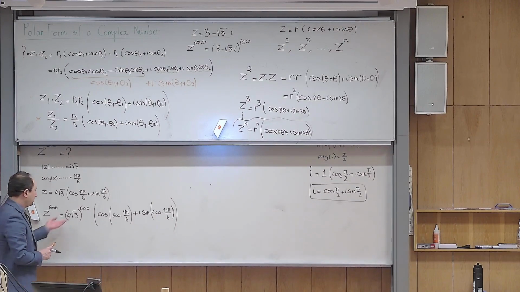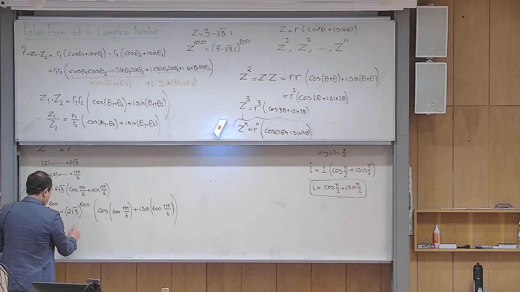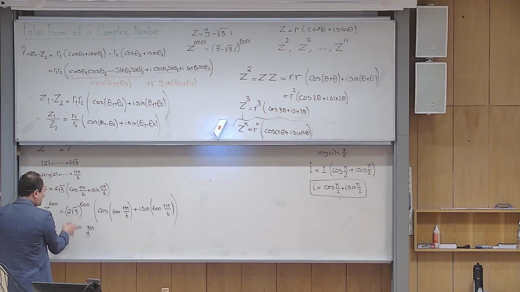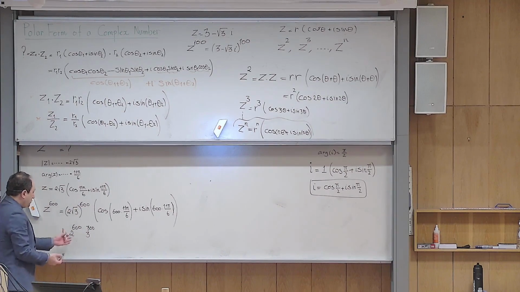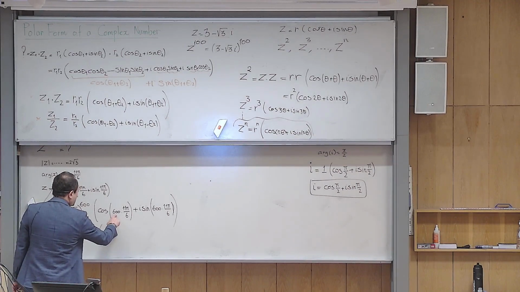Here, there is nothing I can do. It's 2 to the power 600 multiplied by 3 to the power 300, because the square root of 3 to the power 600 means 3 itself to the power 300. You shouldn't expect to be able to calculate that. We just leave it like this. But then what happens here? 600 and 6 are simplified.